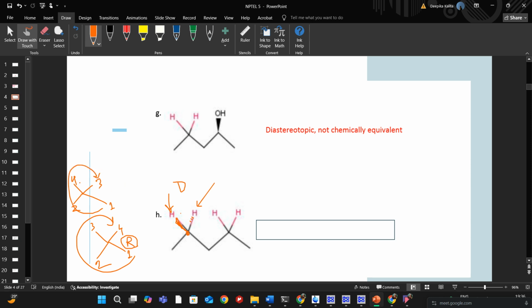Since the fourth group is above the plane, the configuration will be reversed and it will be S configuration.